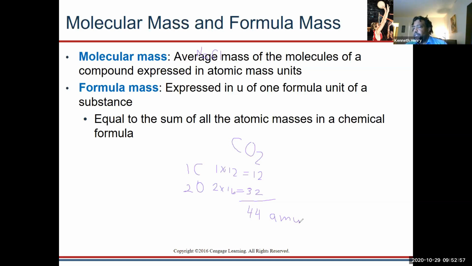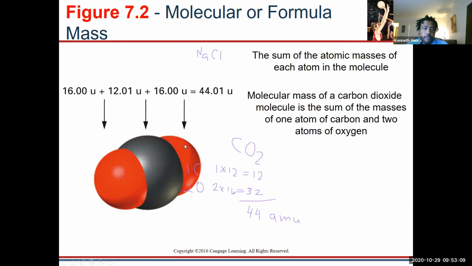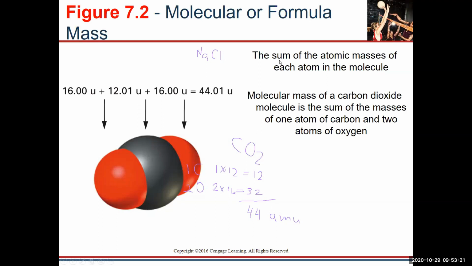Are we clear? Yes. Okay. And again, ionic compound, covalently bonded compound. This is carbon dioxide. Pretty simple.